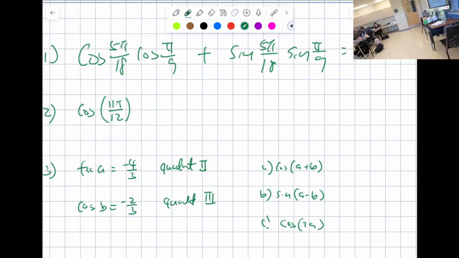It's going to be a very, very simple fraction. Tangent of A equal to negative 4/3 in quadrant 2, and cosine of B in quadrant 3.